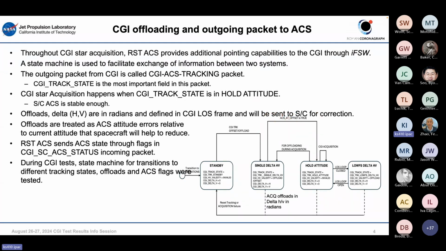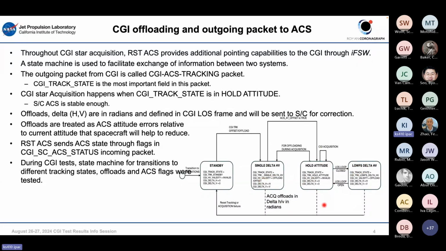So they would send us the flag and tell us that they have the required pointing capability that we want to start the CGI observations. On the other hand, we will send them the tracking state of the instrument, that we are ready for the correction. So these two tracking states tell them that we need to give them some offloads for corrections.